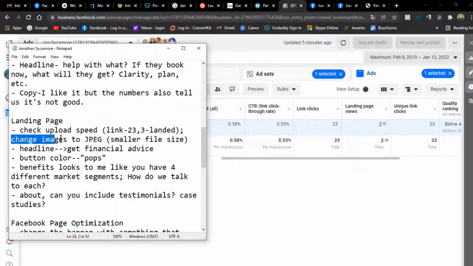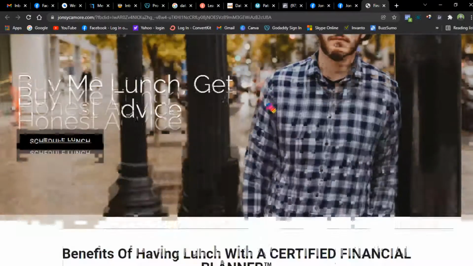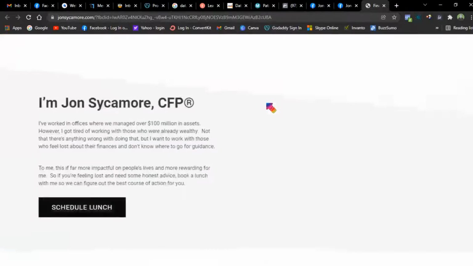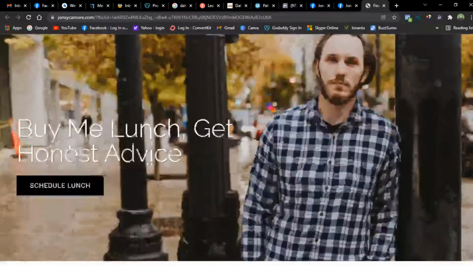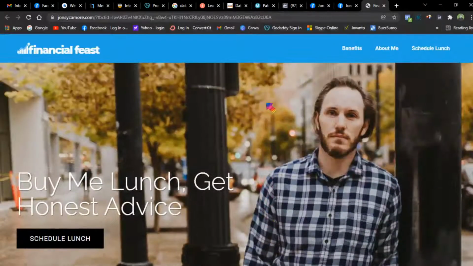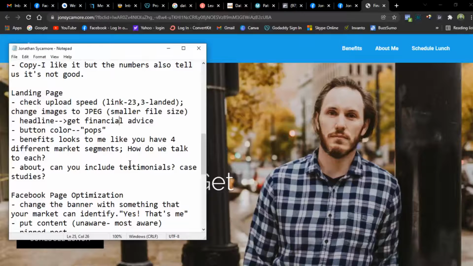You can change the images to JPEG format, because JPEG has a smaller file size. I don't know what you are using, but where's your, yeah, here. I'm not sure, but if the upload speed is fast, then I guess you're just getting clicky people. Like I said, the traffic objective is for clicky people.